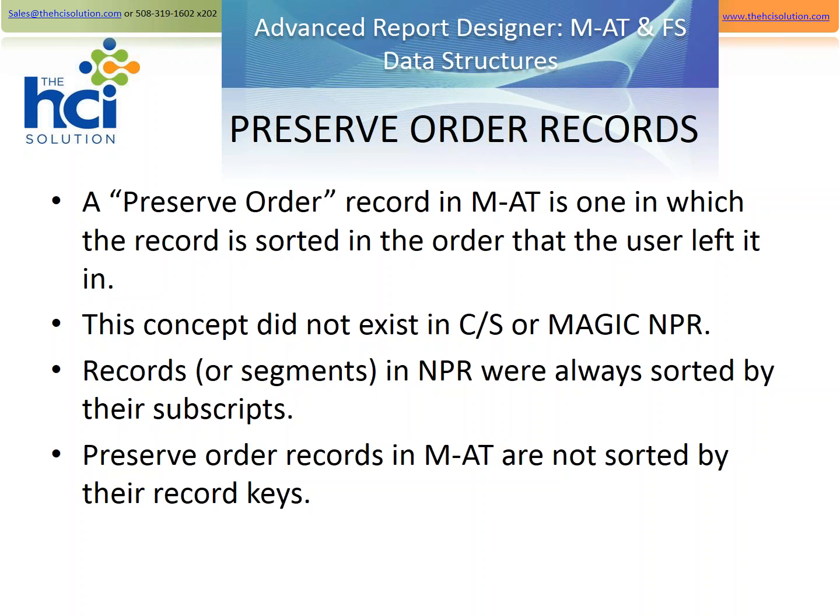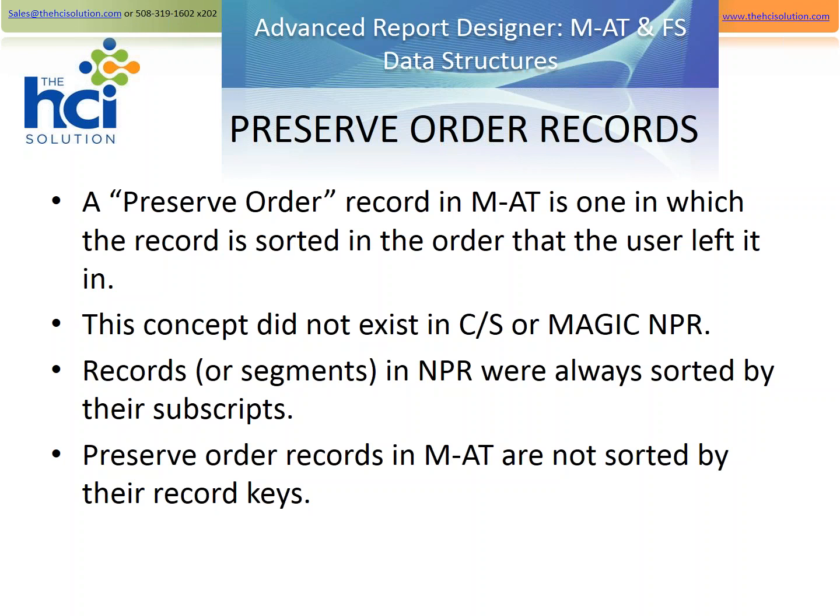And that kind of record would typically be a preserve order record. And this concept did not exist in CS or Magic MPR. In those platforms, records or segments were always sorted by their subscripts.